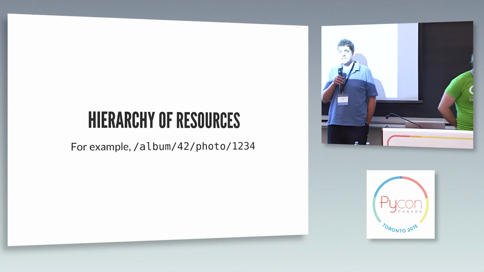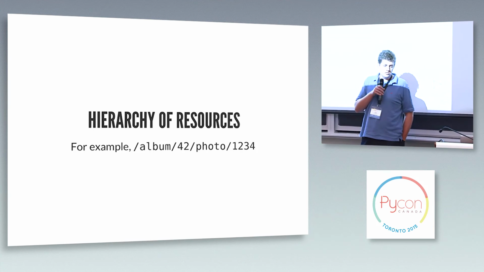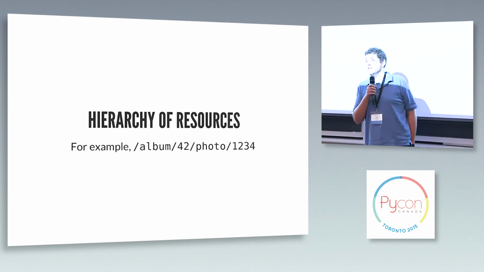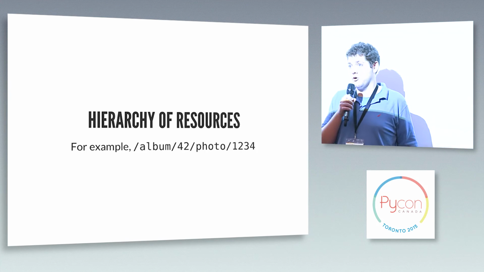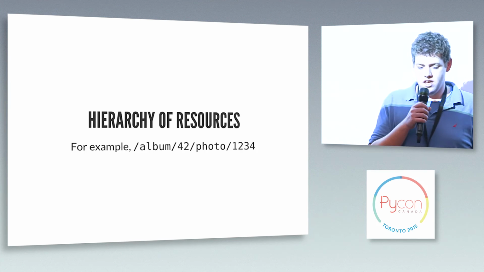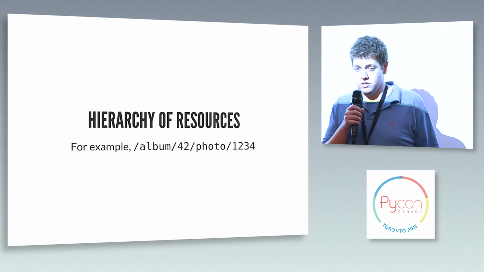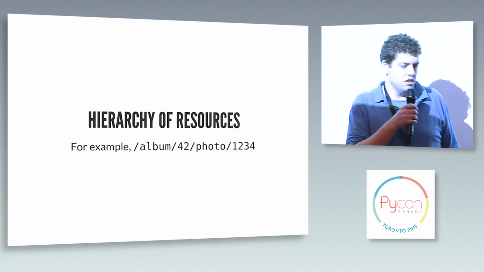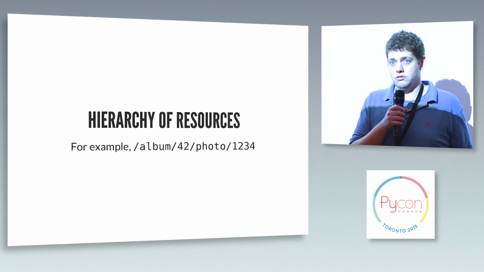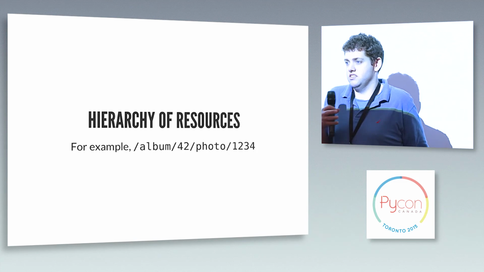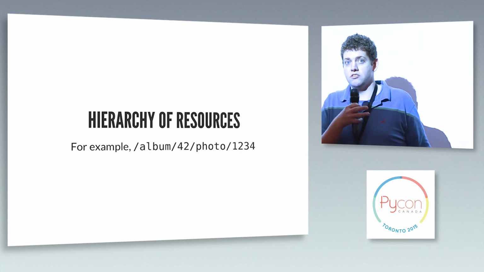Another issue we've hit is the idea of a hierarchy of resources. To use a bad analogy, let's say on our photo sharing app, we have a requirement for albums, where you can put photos in albums, and some photos are part of a given album, some are not. Ideally in a REST framework, you'll use the 404 not found to tell your user that this resource as requested does not exist.